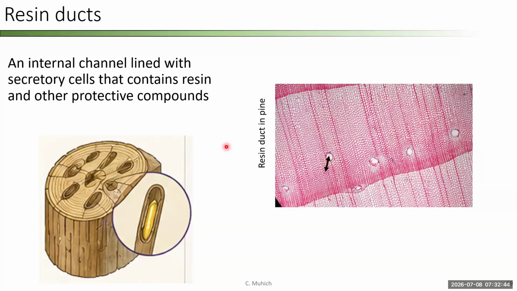And so these are normally protective compounds, so that if the tree gets a wound, right, so it's cut or broken, this resin, this material will be exposed and can try to help cure and seal that wound.